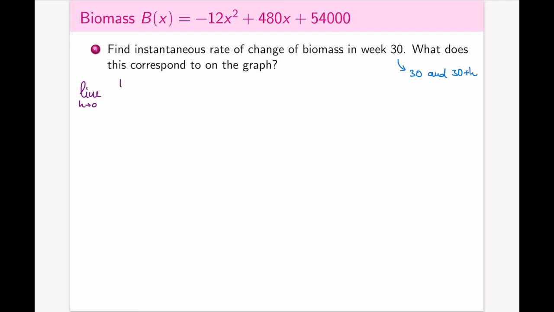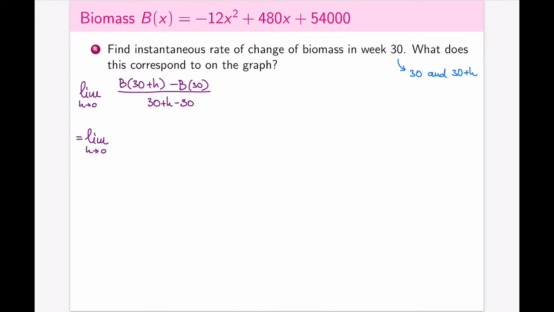So what you should have here is b of 30 plus h minus b of 30, all divided by 30 plus h minus 30. We're going to apply very similar simplifications here. In fact, this entire example is going to be identical to the one on the previous page, except that instead of 1, we have 30 everywhere.